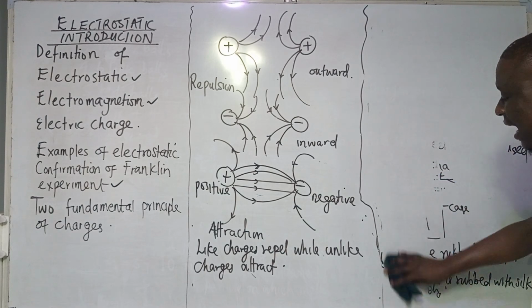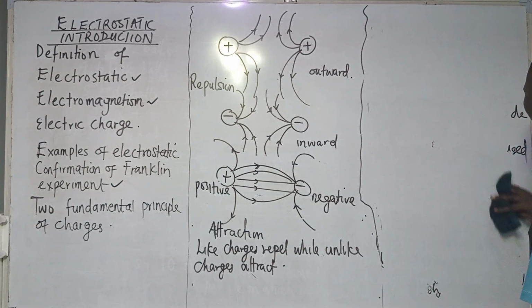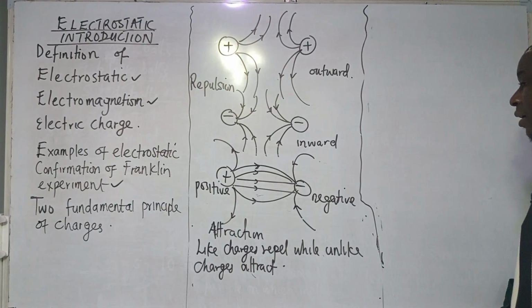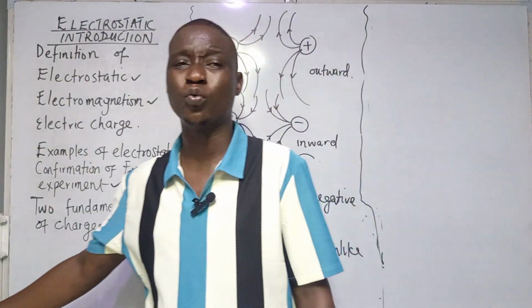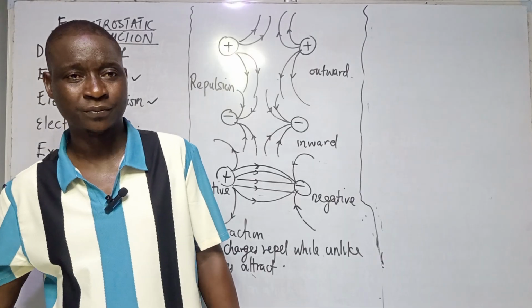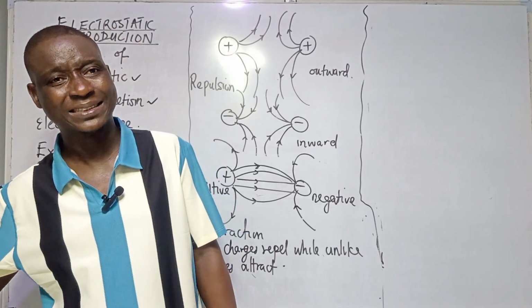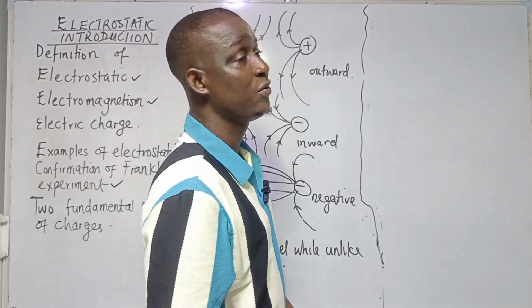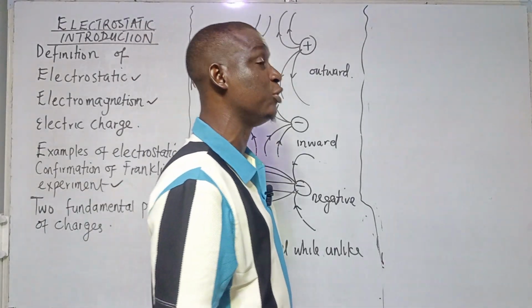The process of gaining or losing an electron is what we call ionization.